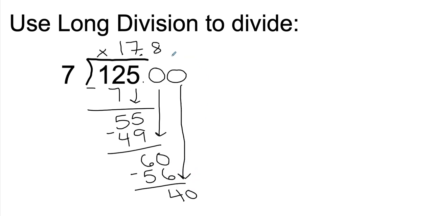So 7 goes into 40 5 times. That's taking out a 35. And you get the idea. You keep going until either all the decimals are done or you figure out that it just keeps going on forever, okay? Which this one should stop at some point, but you get the general idea. So we're stuck at 17.85.